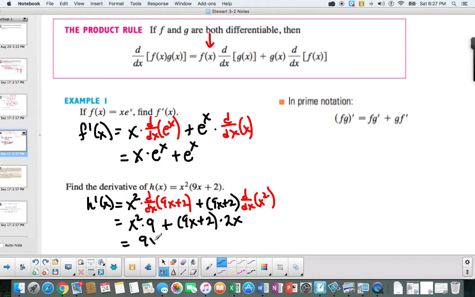This is going to be 9x squared plus 18x squared plus 4x, which becomes 27x squared plus 4x.